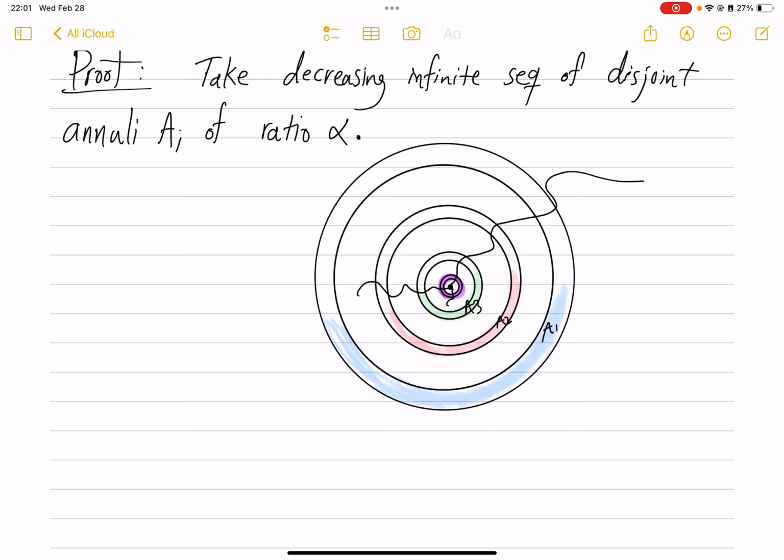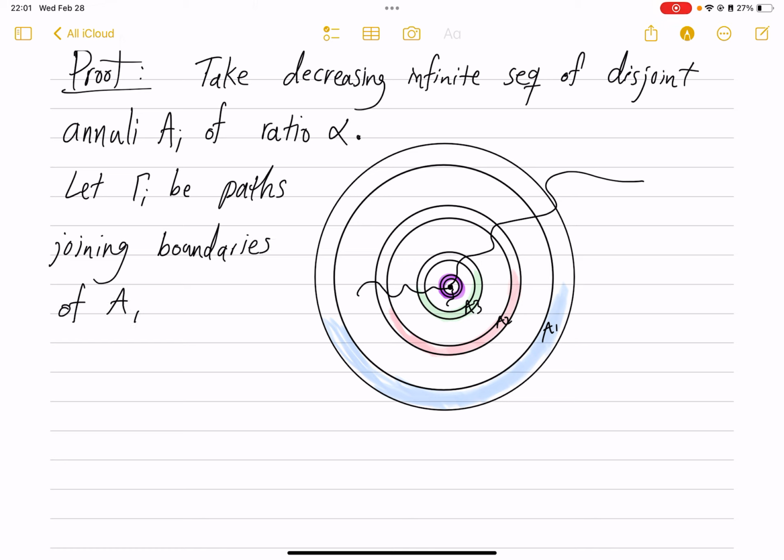So what we know is that if we let gamma_i be the paths joining the boundaries of one of these annuli A_i, so for each i, let gamma_i represent the paths joining here to here. So this is in A_1.